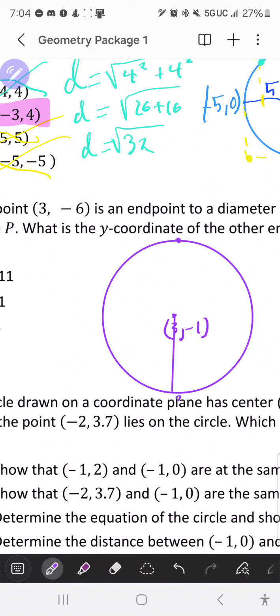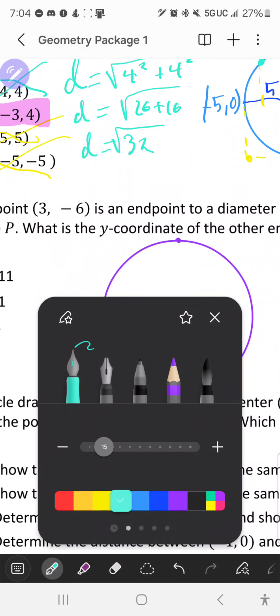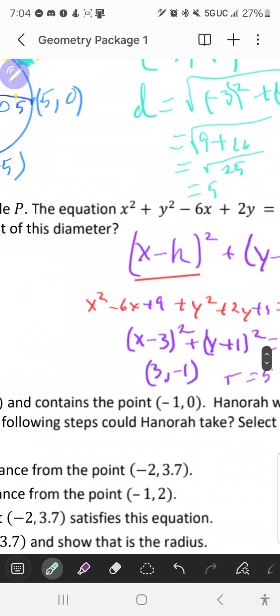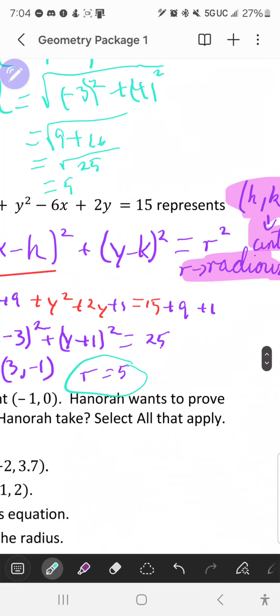So this is (3, -6). Now, as you can see, they have the same x value, which is 3. And the difference between -1 and -6 is 5, which is the radius we got.